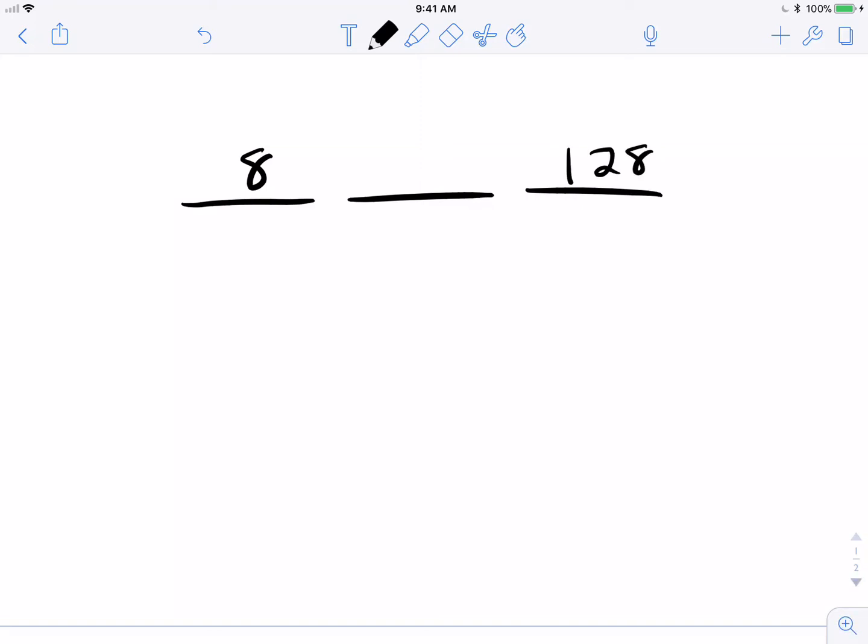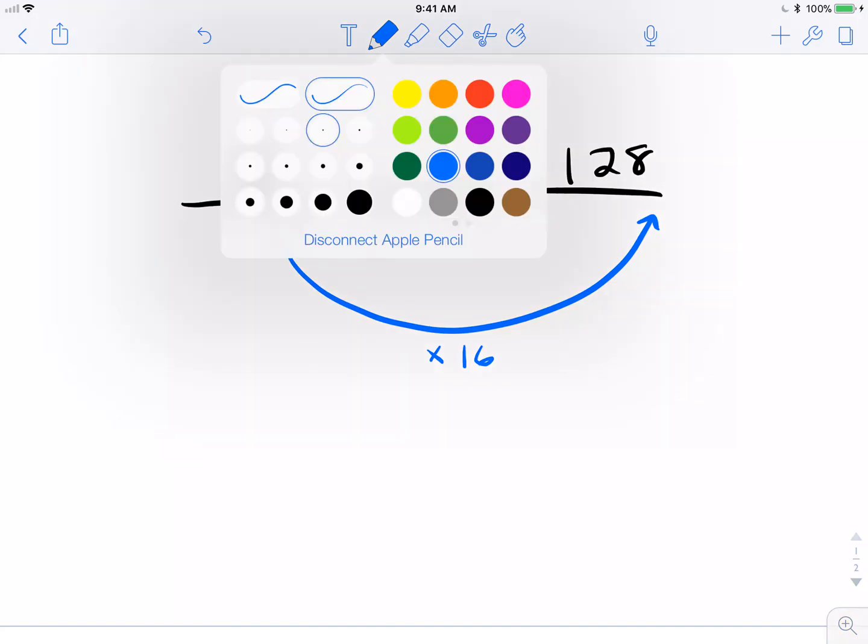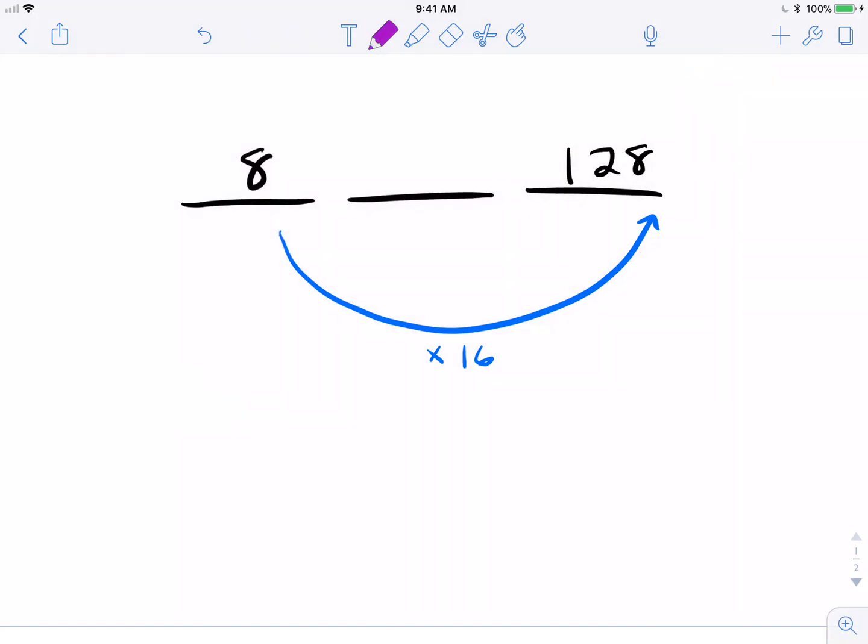This is just a quick, easy example, but the concept is very important. We did this with geometric sequences. We first want to find out what this big gap was. This does all connect back to exponents. In other words, what did we multiply 8 by to get 128? Through division, 128 divided by 8, we find that the product was 16.